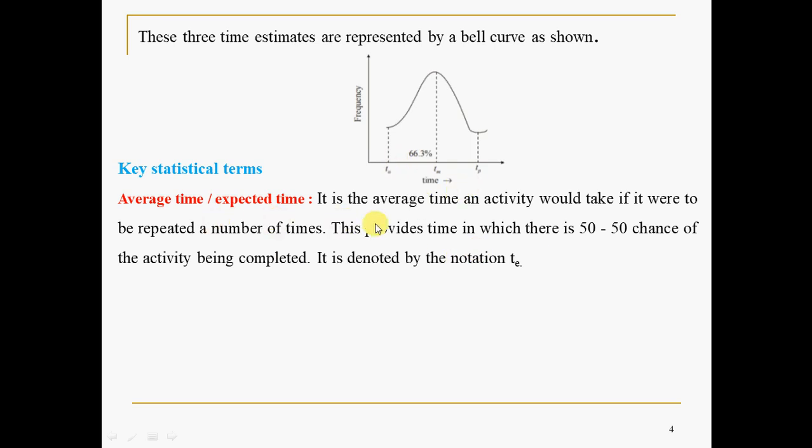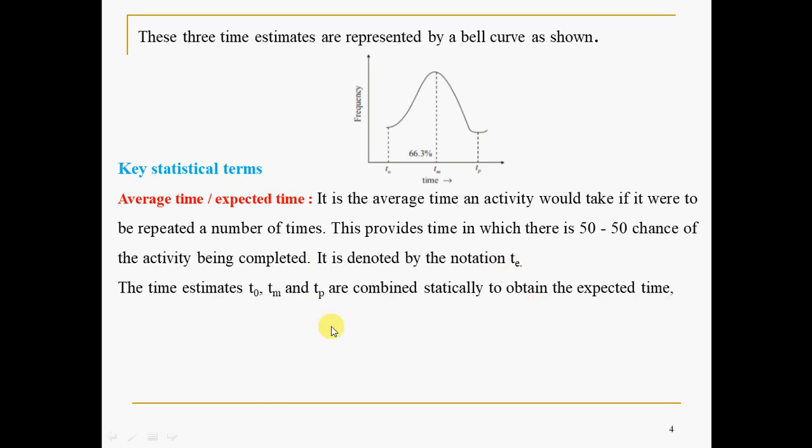Average time or expected time is the time an activity would take if it were repeated a number of times. This provides a time in which there is a 50-50 chance, again it is a probability, of the activity being completed. It is denoted by TE, expected time or average time.